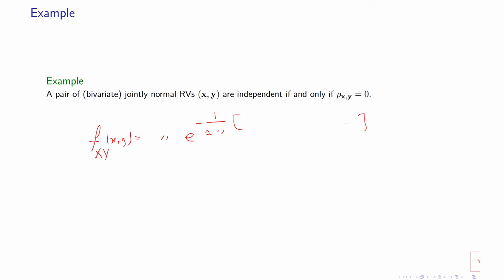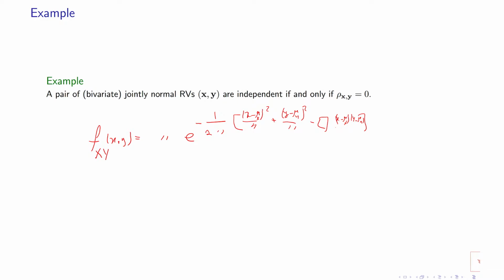In this expression you had (x minus mu_x) to the power of 2 times something, plus (y minus mu_y) to the power of 2 times something, and then minus a constant times (x minus mu_x) times (y minus mu_y).